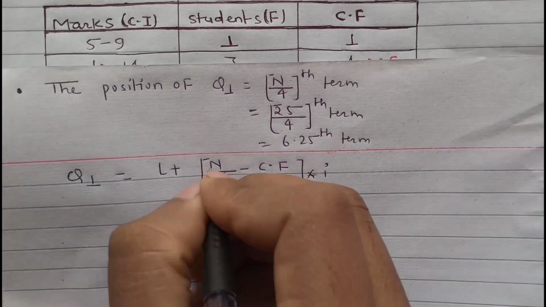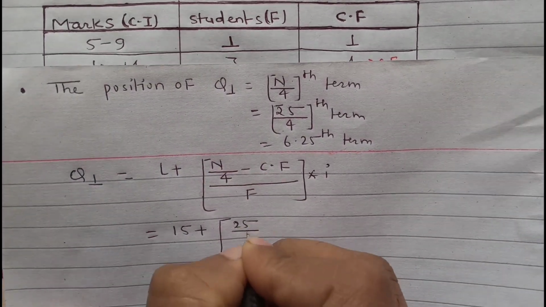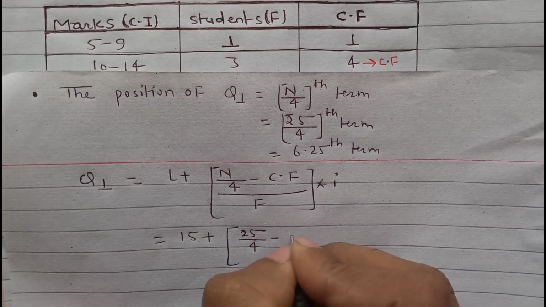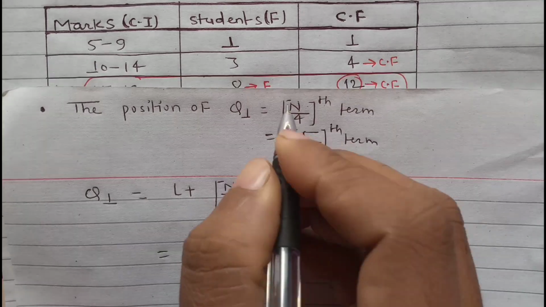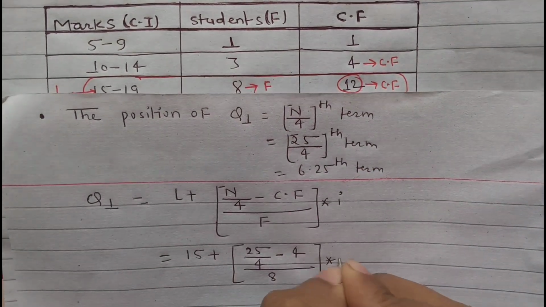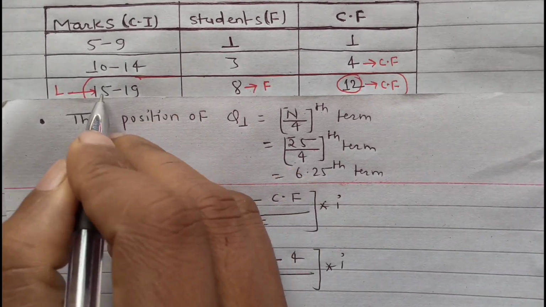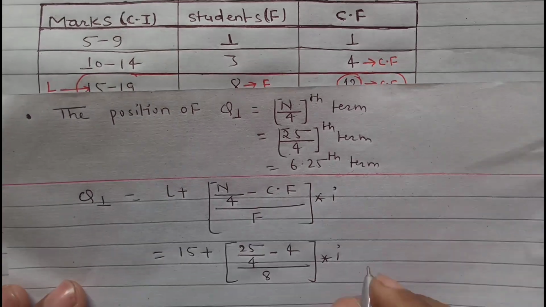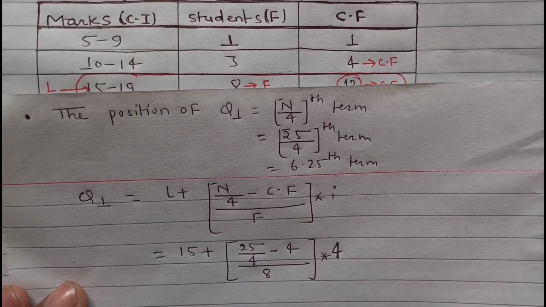So n is 25 divided by 4 minus CF. CF is 4. We have to take 4 divided by F, which is 8 here, 8 into I, the difference between the class interval. What is the difference between the class interval? Upper limit minus lower limit, 19 minus 15 is 4. So we have to write here 4.